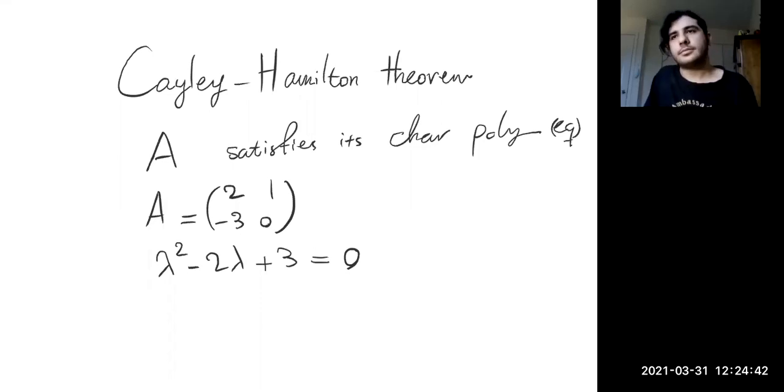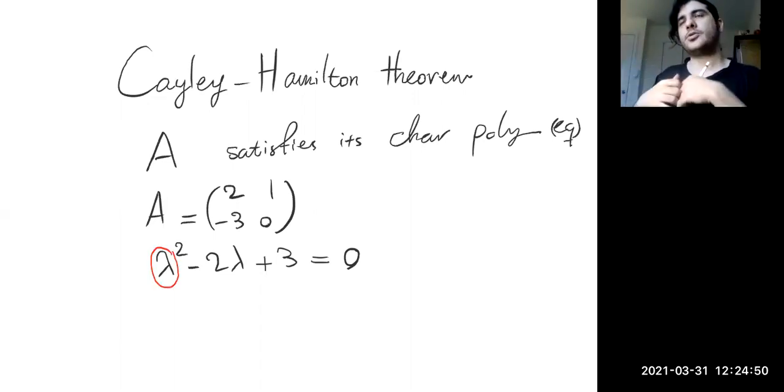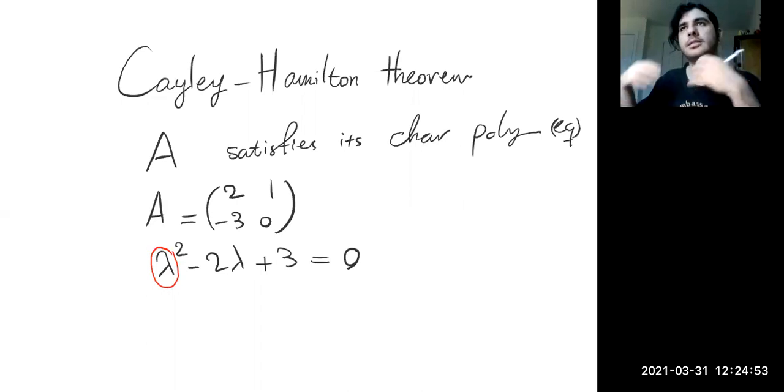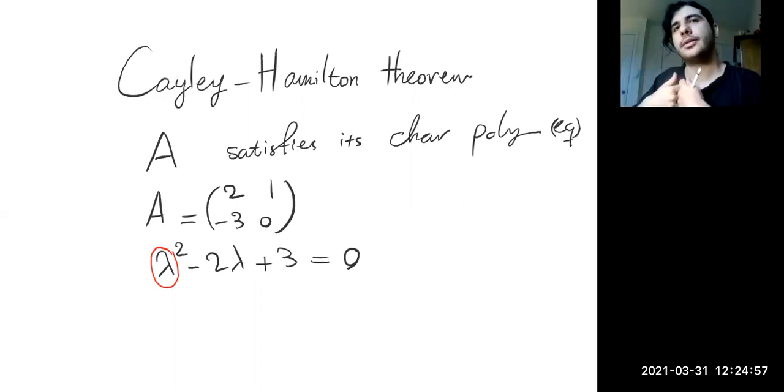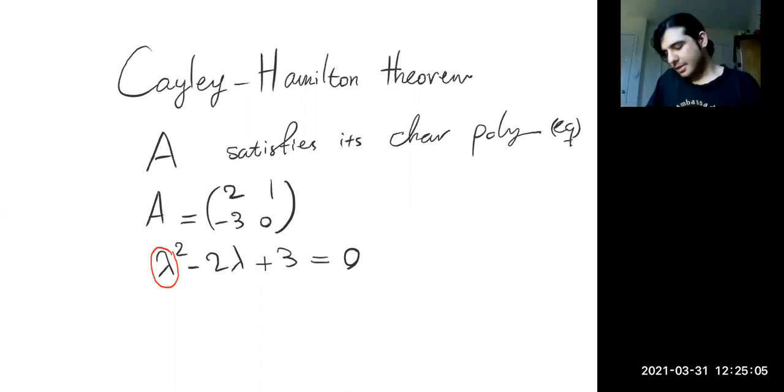The interesting thing is that we know this lambda is a real number, not a matrix, and this equation doesn't have any real solution actually. But for a moment, let's forget about that and plug in the matrix instead of lambda.